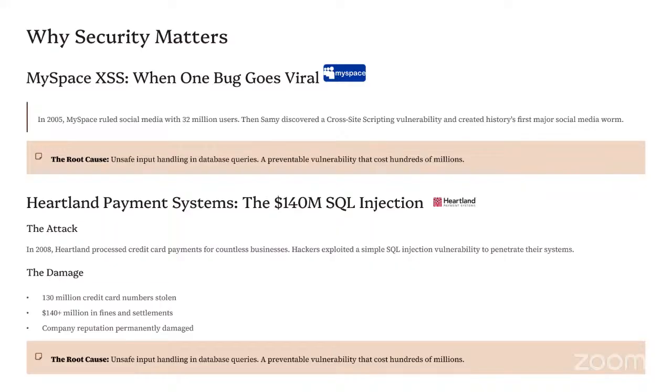In this system, there was an SQL vulnerability that was exploited by attackers, and it caused severe consequences. 130 million card numbers were stolen, and the company faced a lot of fines and settlements. So this shows how much these vulnerabilities can cause severe consequences.